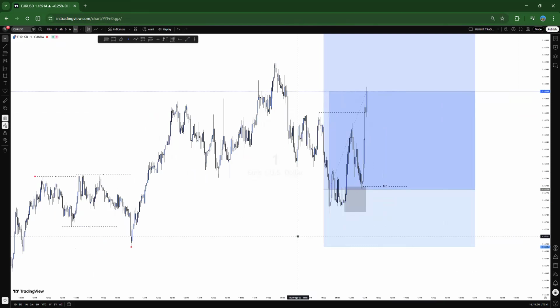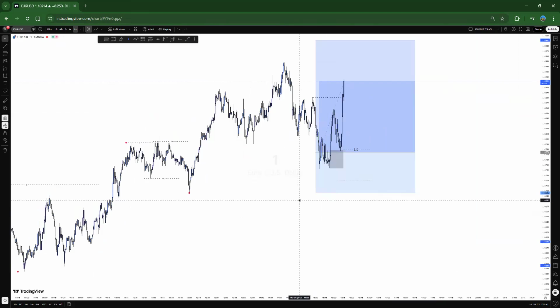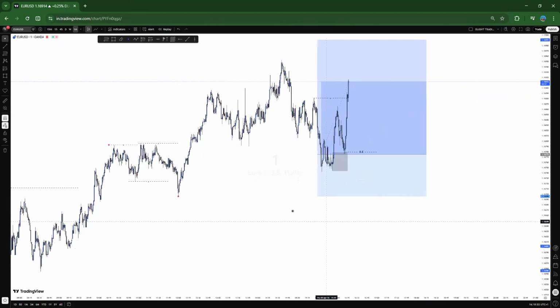I'm break even already, so we're almost at TP. If we hit TP, it will be $30 take profit on the $5,000 account. All right, now this high is going to be taken.